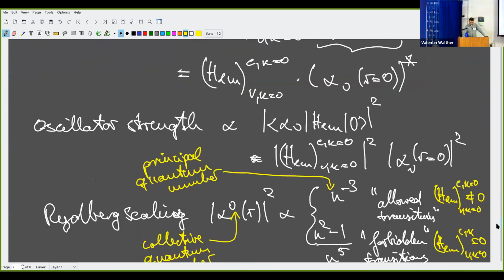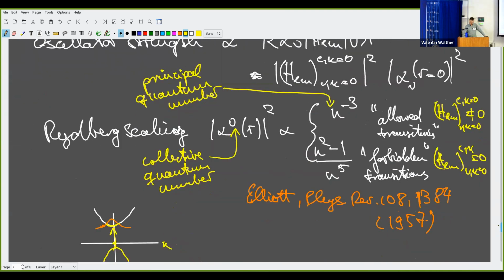It turned out that the matrix element to excite excitons is proportional to the relative wave function alpha nu of r at the origin. Actually, I just realized this is a 0 here, so the origin of the relative wave function.